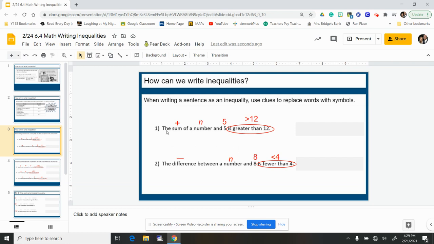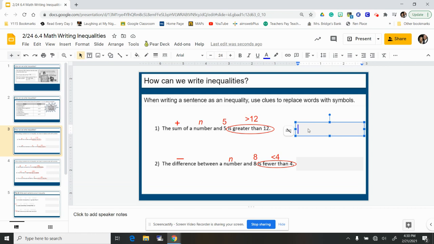I'm looking at this phrase and I'm seeing "the sum." Hopefully we know that that's referring to addition of a number, which pulls out our variable. And 5 is an important number, is greater than. I know greater than is going to be pointing that way, because that's going to be the greater amount, 12. So this would look like n plus 5 is greater than 12.